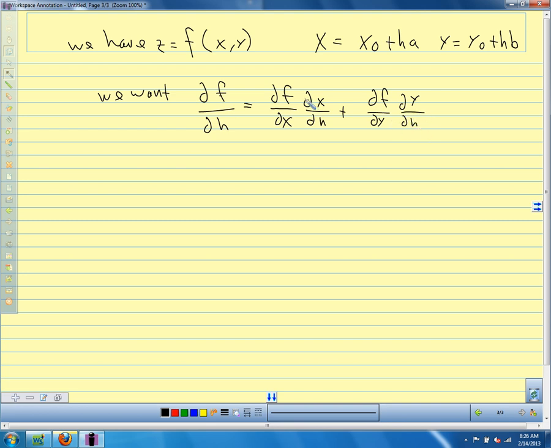And I could write regular d's here because y0 and a and b are constants, but it's okay. And the other way we could write this is f sub x.